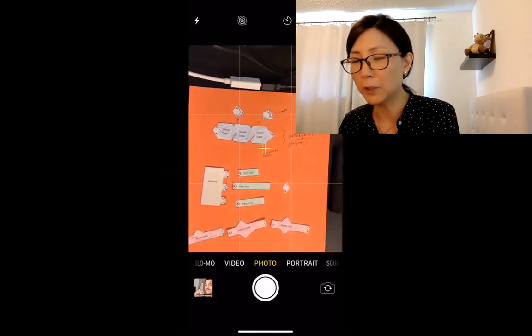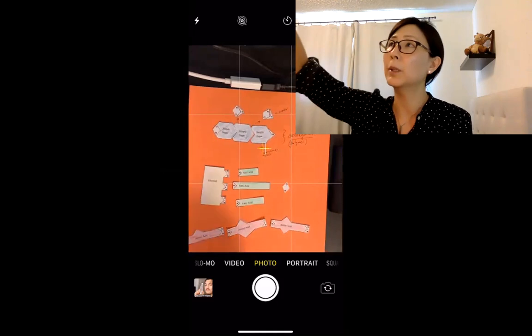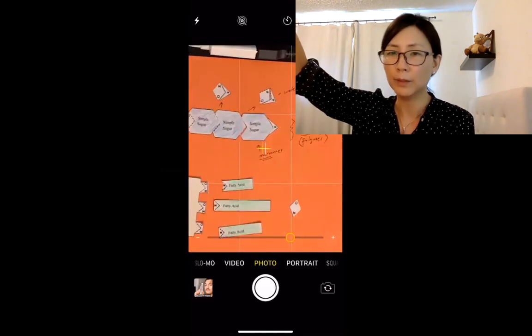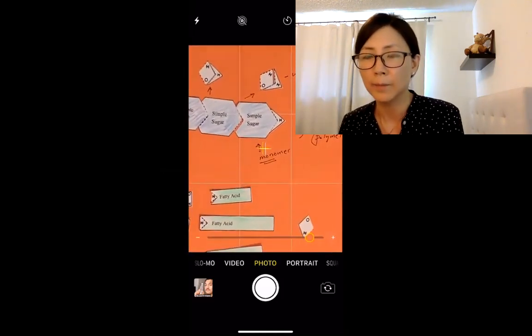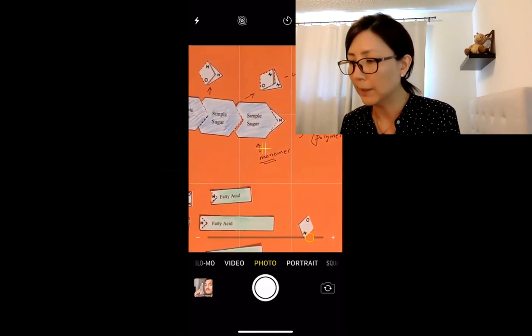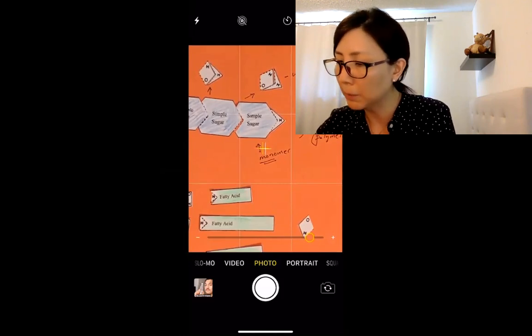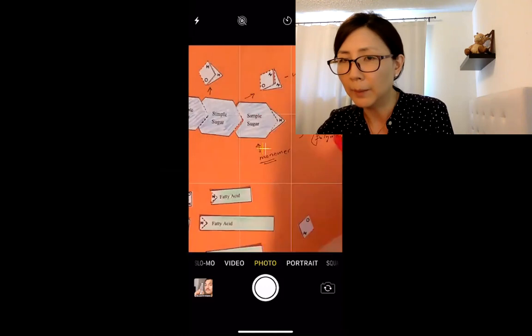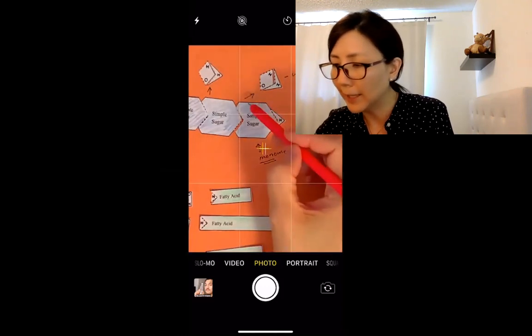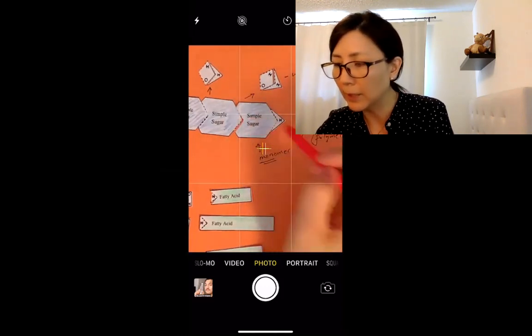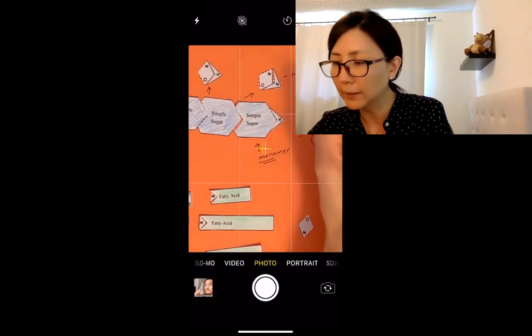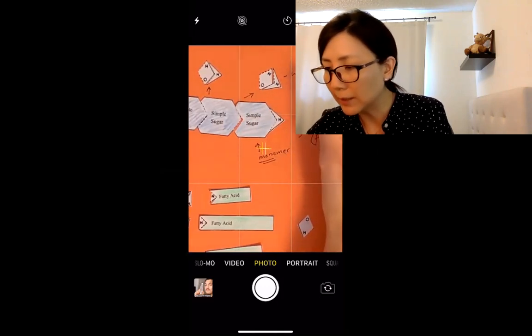Another word for simple sugar is a glucose molecule. And when you're putting these together, you're taking out water and joining them. This process is called dehydration synthesis.